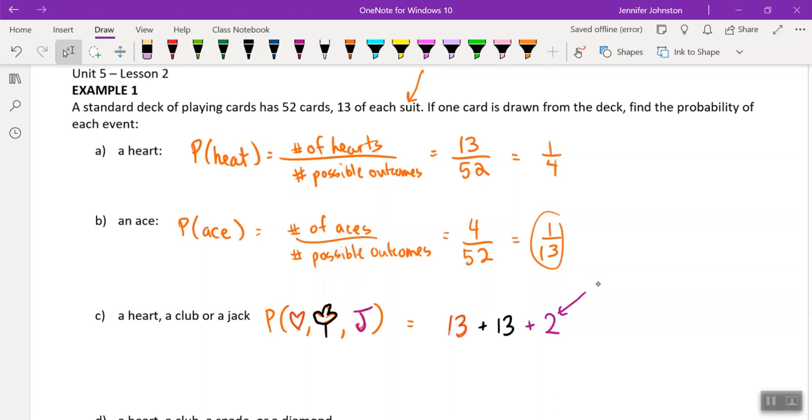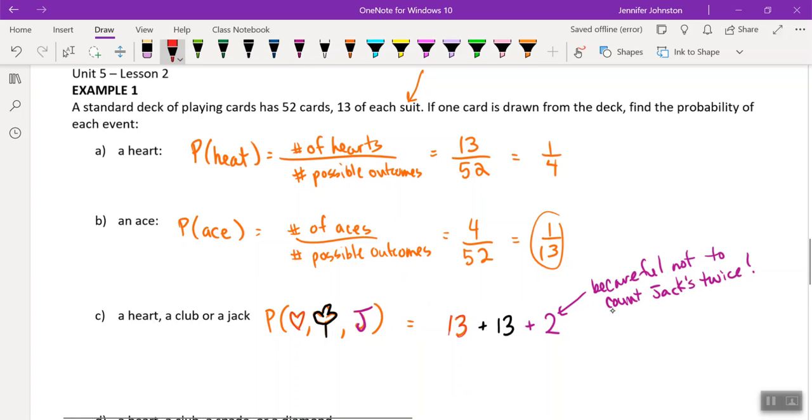So be careful not to count jacks twice, because we already have the hearts and we already have the clubs. They're already in.